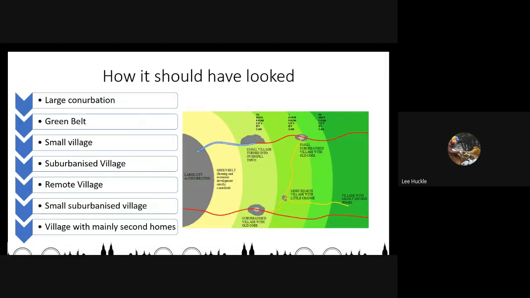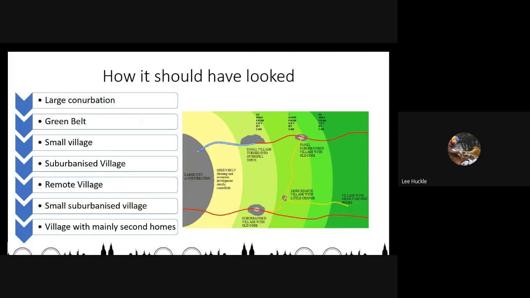We then summarised this down after you'd made some detailed notes on this, and we've gone from the large conurbation. Now, conurbation technically is where you've got 2, 3, 4 large urban areas all merging together, right down to then your strip of greenbelt that often surrounds those cities to restrict outward migration of people and development and building, down to your small village, then your suburbanized village.